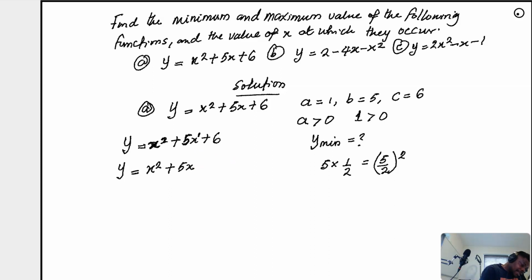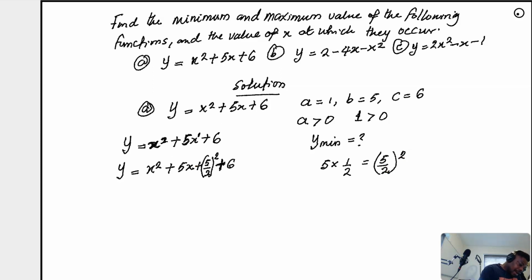I'm leaving a space and I'll put plus 6 close by. The reason why I'm putting a space is this. This 5 over 2 squared, I will add it here. 5 over 2 all squared, I have it there.